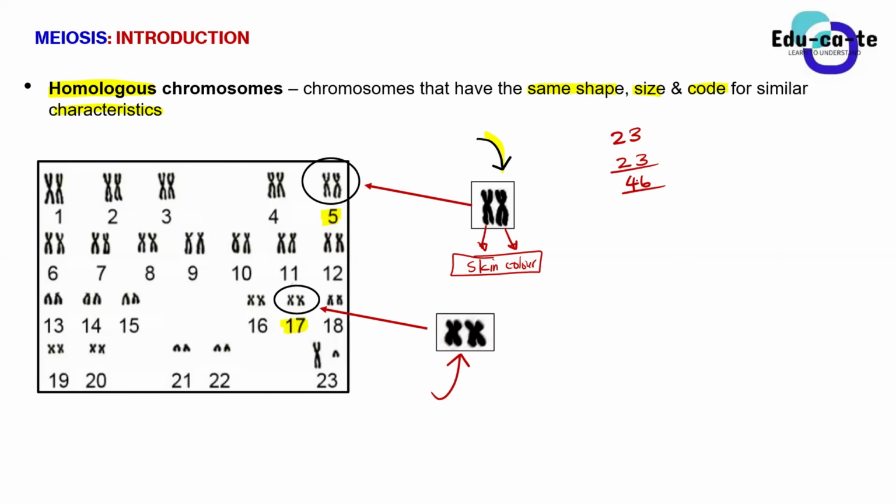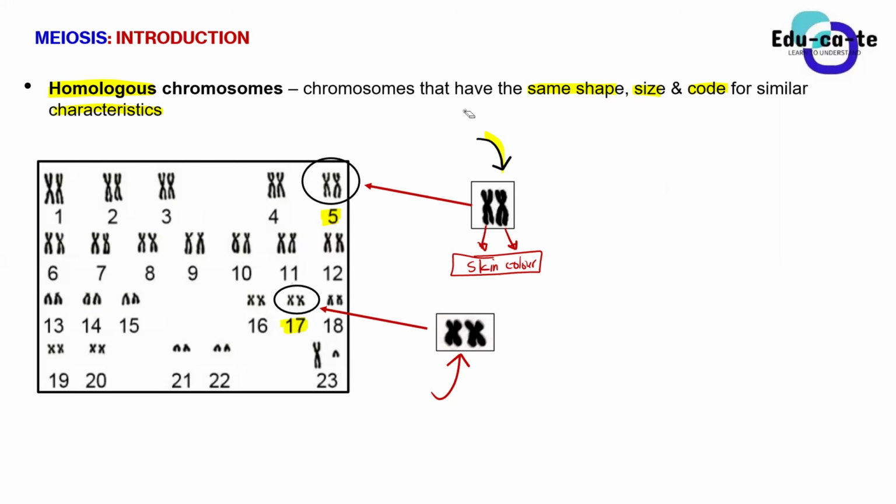So they divide and replicate, they make copies of themselves. We've already done DNA replication, and chromosomes are made up of DNA. So if DNA replicates, it means the same thing for chromosomes. Chromosomes keep on multiplying so that each body cell has 46 chromosomes in it. Are we clear?